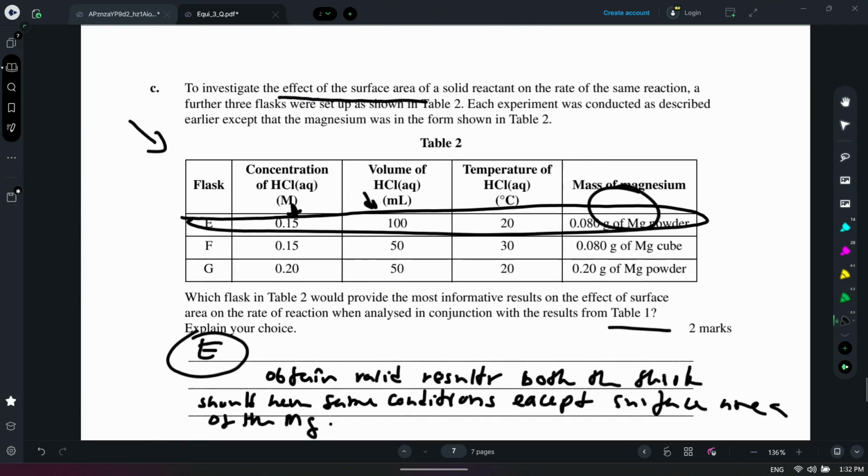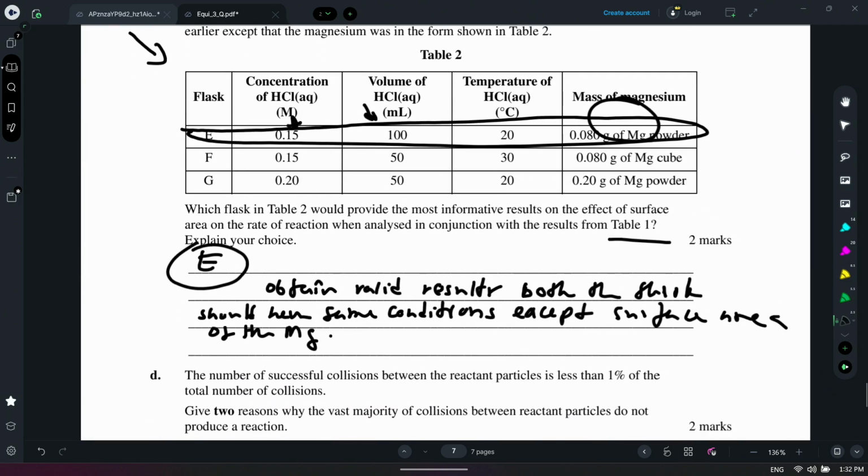So that covers the answer for that question. So 2 marks for this and this, right?